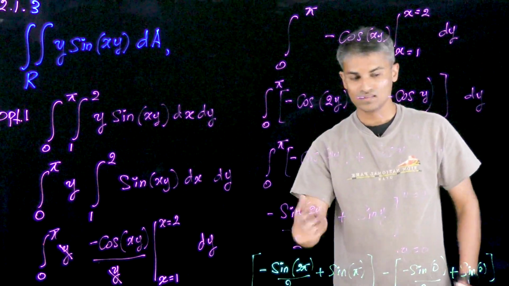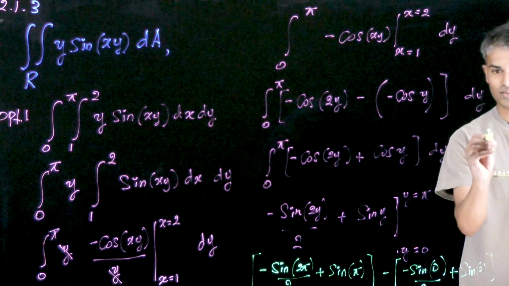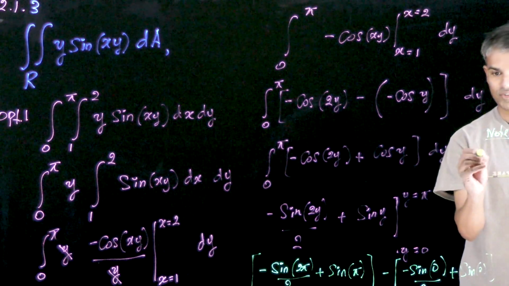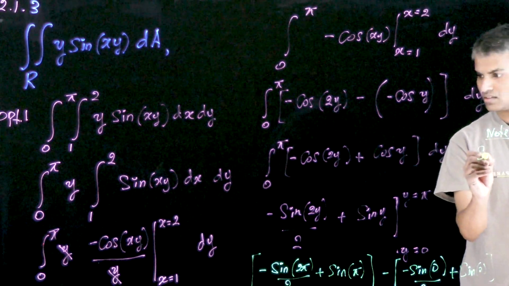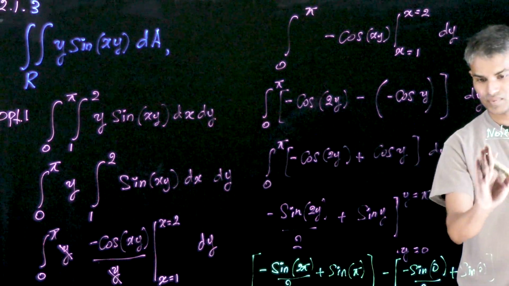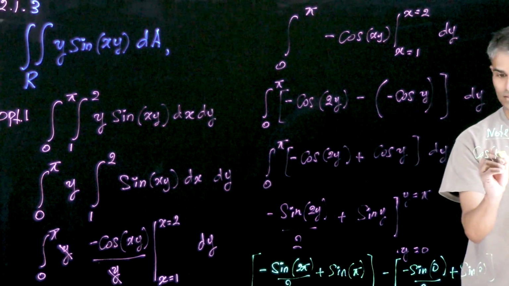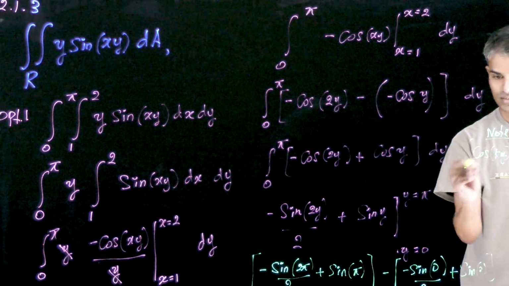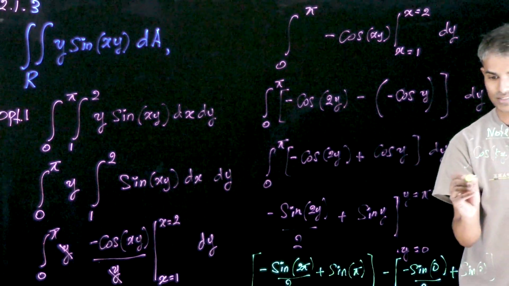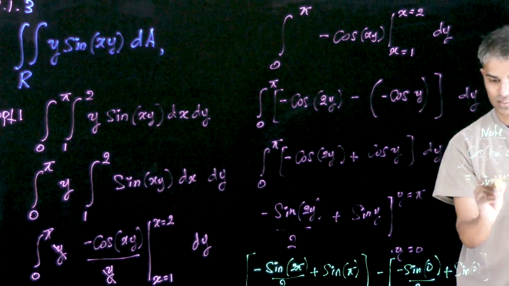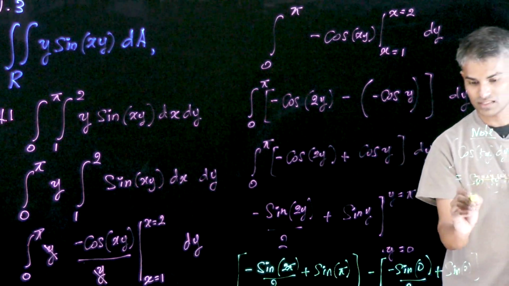So let us make a note. If you integrate cosine of ky with respect to the y variable, your answer should be sine of ky over k.